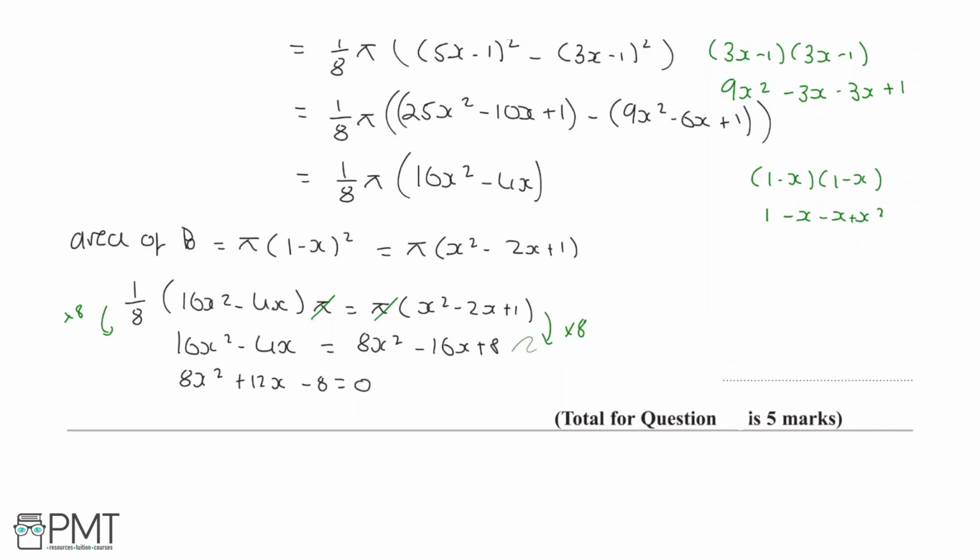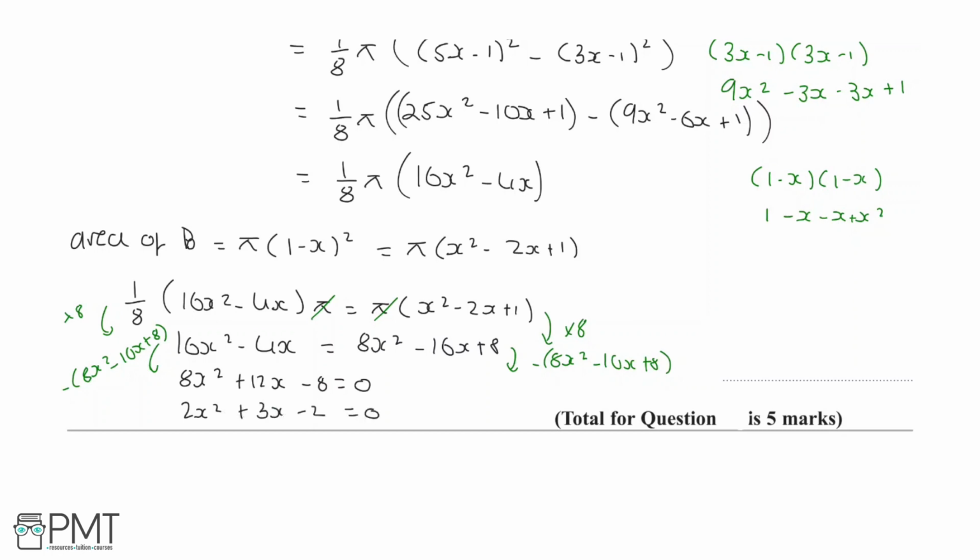And what we did to get to this side is from here we subtracted 8x squared minus 16x plus 8 from this side, and we also did the same thing on this side, so minus 8x squared minus 16x plus 8, like that. We're going to divide through by 4 because that is the highest common factor of these numbers. So we have 2x squared plus 3x minus 2 equals 0.